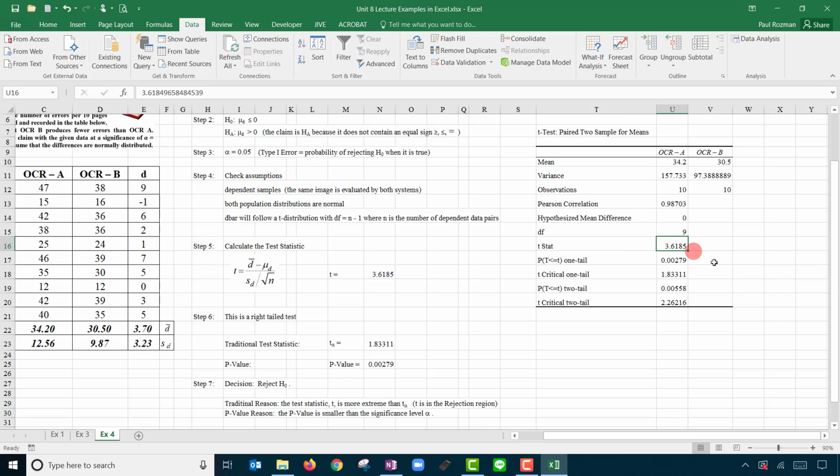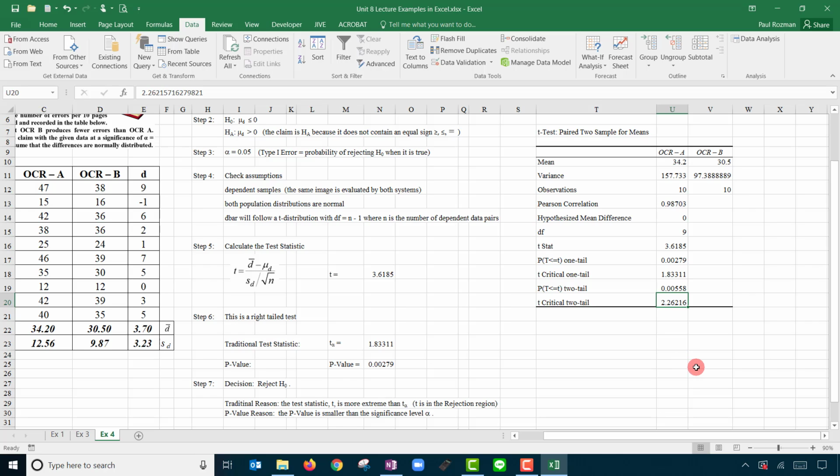That's pretty nice. It gives us the p-value if it's a one-tailed test, and it gives us the p-value if it's a two-tailed test. It also gives us the critical value. So it gave us these numbers here. And it gives us the critical value if it's a two-tailed test. So it's up to you to interpret this.